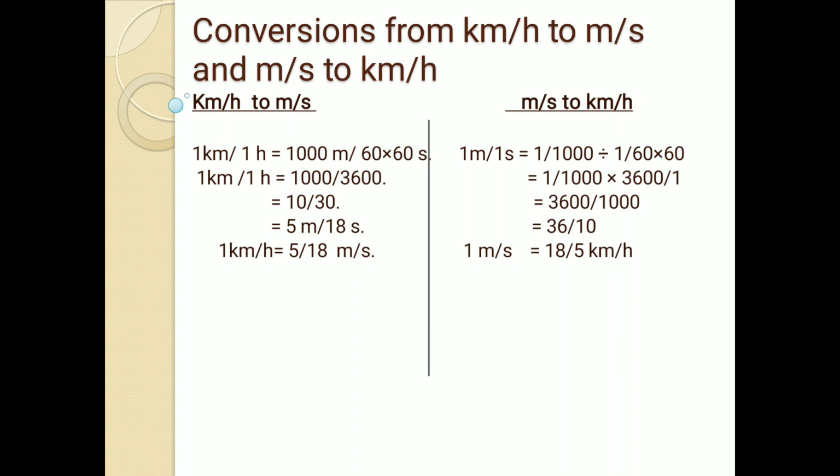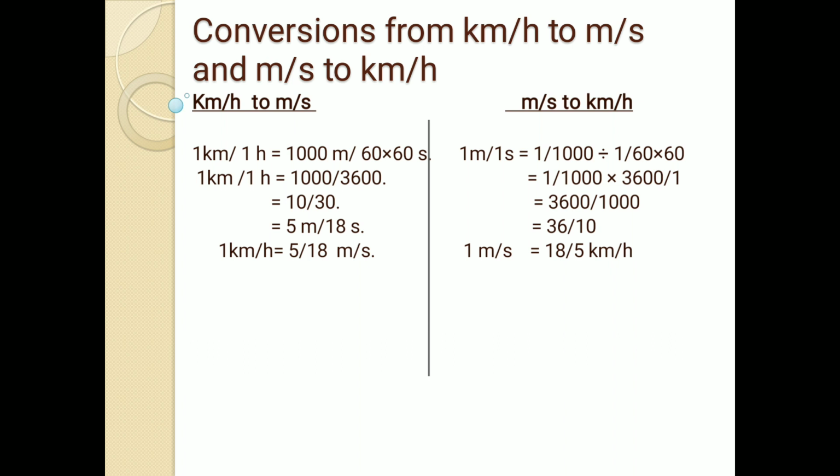Okay. Now we'll see for meter per second to kilometer per hour. So 1 meter is equal to 1 divided by 1000 kilometer, and 1 second is equal to 1 divided by 60 minutes into 60 seconds. So now 1 divided by 1000, if you take the reciprocal, 60 into 60 becomes 3600, right?